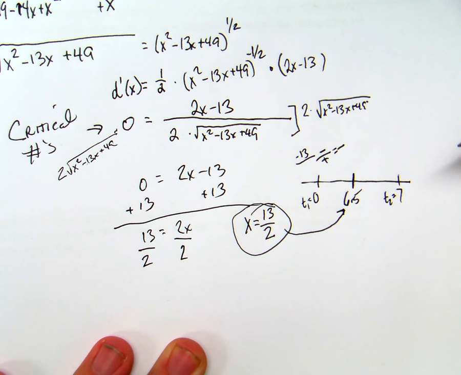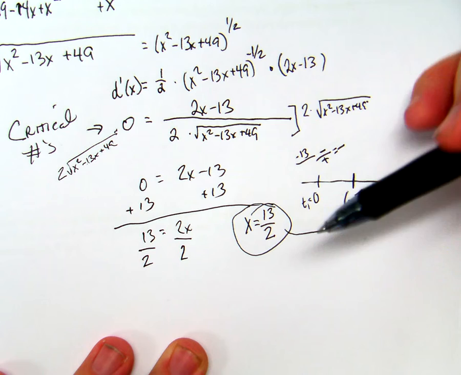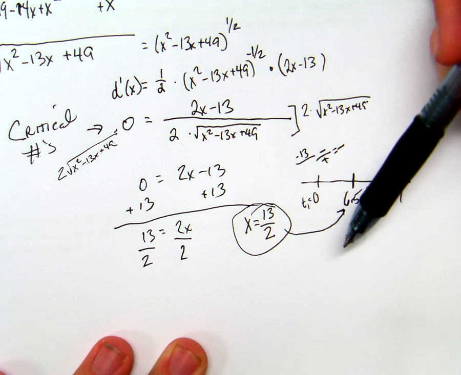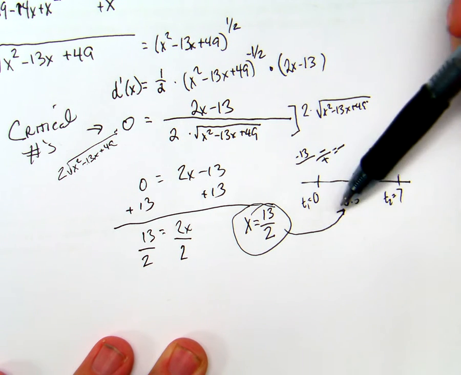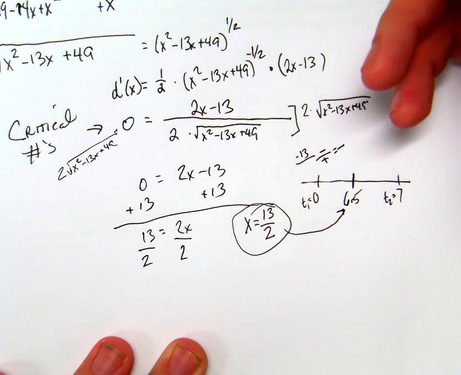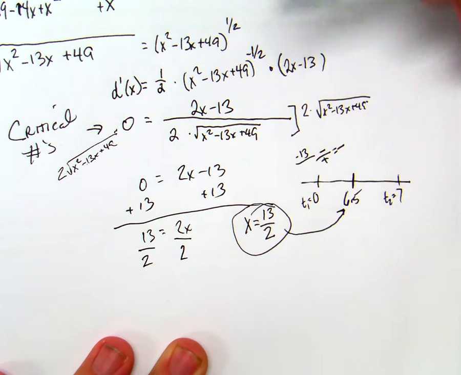Say that one more time. No, we don't want that yet. It will be eventually, once we find if this is going to end up being our minimum point. Then yeah, we're going to plug it back into the y equals square root of x to figure out the other point.